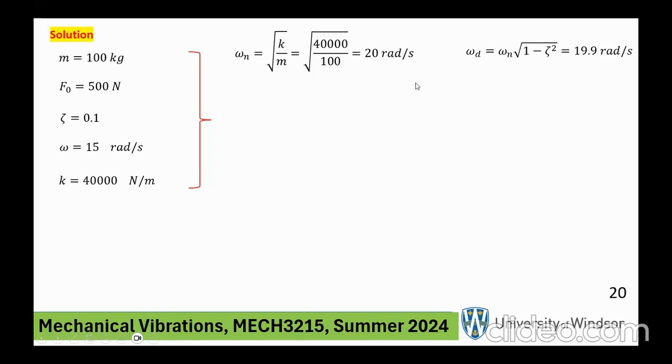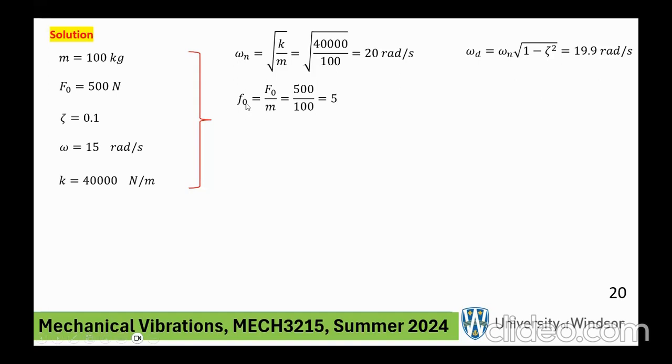And because we're given the damping ratio, we can calculate the damped frequency. Now remember, this damped frequency is only going to show up in the transient solution, not in the steady state. The steady state solution has exactly the same frequency as the driving frequency, 15. Just keep that in mind.